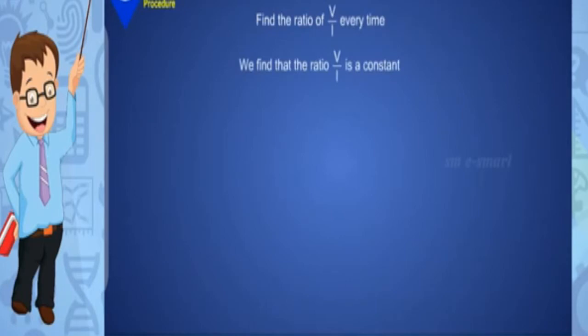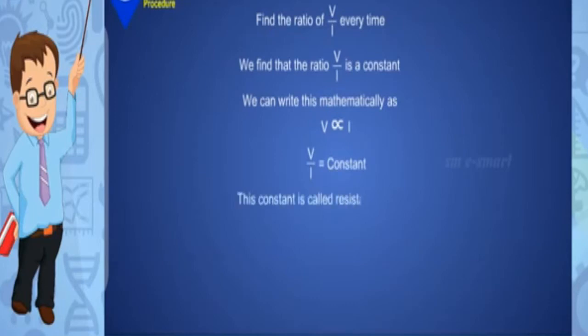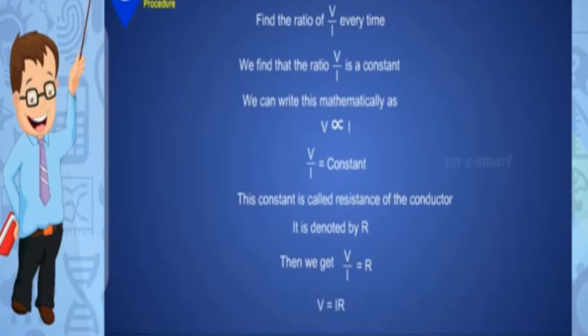We can write this mathematically as V is directly proportional to I. V by I equals a constant. This constant is called the resistance of the conductor. It is denoted by R. Then we get V by I equals R, so V equals IR.